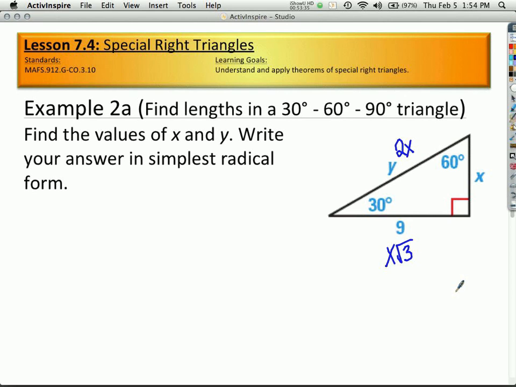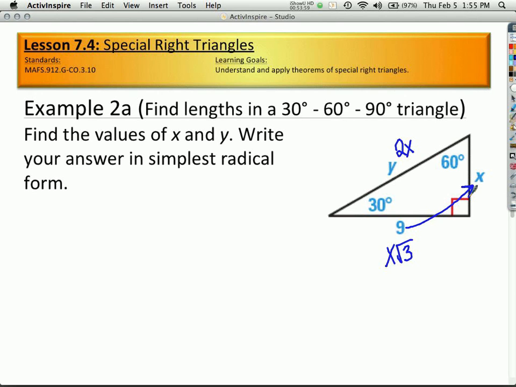So we're asked to find, in this case, x and y, and we have the longer leg. So now we're kind of forced to go a little backwards, kind of like we did in the last example. If going from the short leg to the long leg, we multiply by radical 3, what do you think we have to do going from the long leg to the shorter leg?